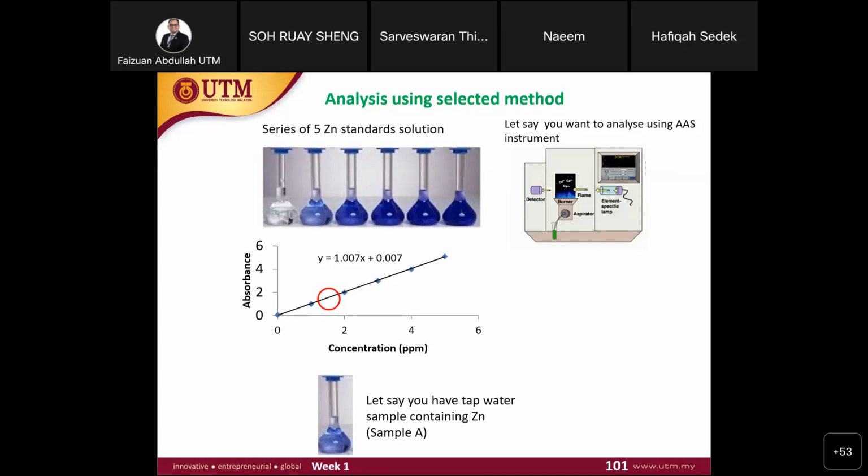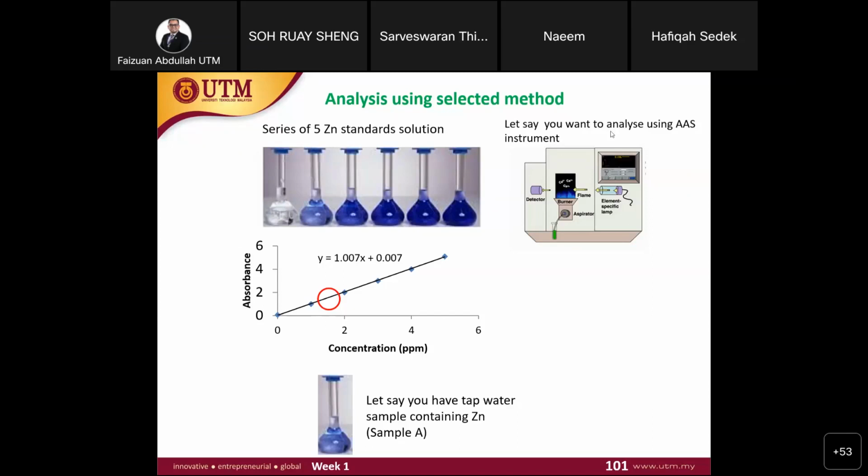When the instrument detects the absorbance of the unknown concentration, we don't know the concentration and the instrument also doesn't know, but the instrument knows the absorbance of the zinc inside the sample. So the instrument relates back to the knowledge that we told it previously about the concentration.